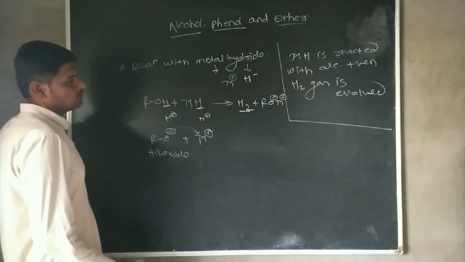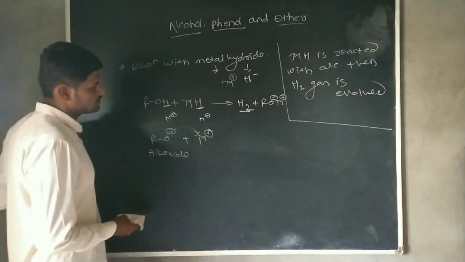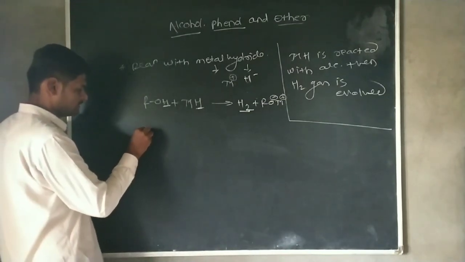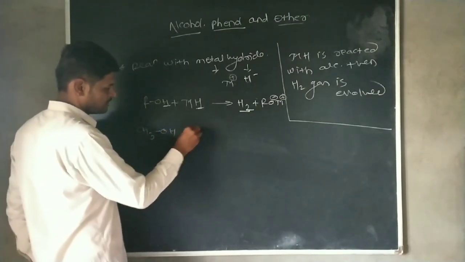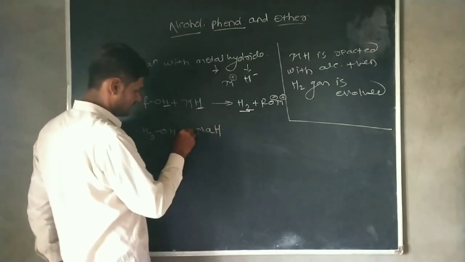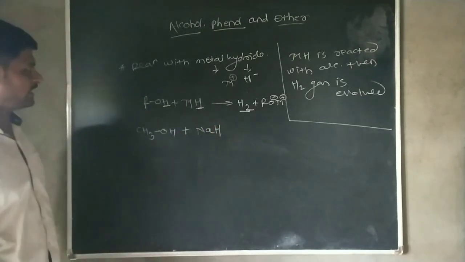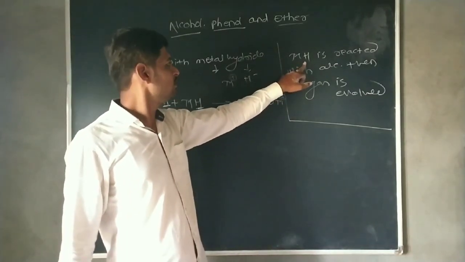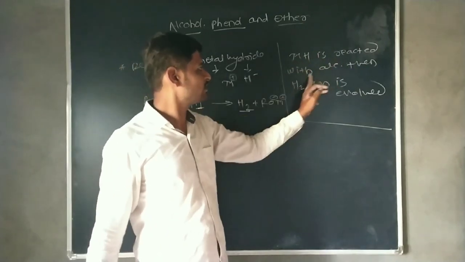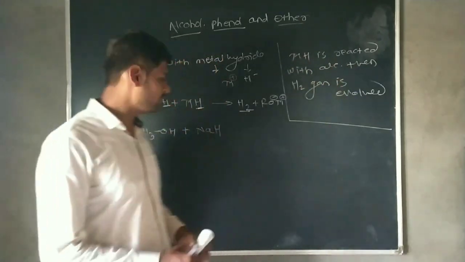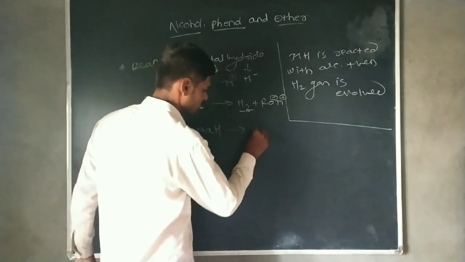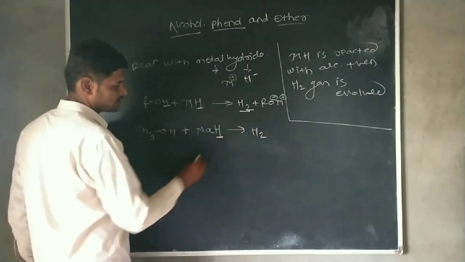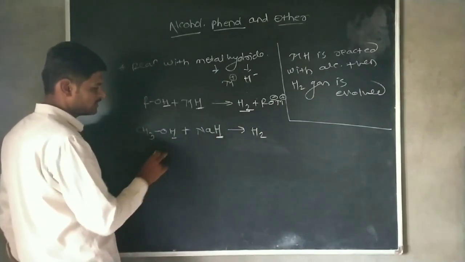Okay, now we go towards the example. In this reaction we consider methanol, CH3OH. This methanol is reacted with sodium hydride, which is one of the metal hydrides. This metal hydride is reacted with alcohol, then H2 gas is eliminated. For the formation of H2, the H minus comes from the sodium hydride and the H plus comes from the alcohol.